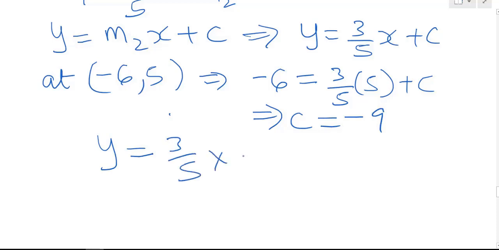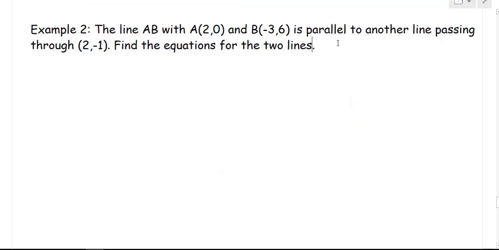In the second example, we have the line AB with A (2, 0) and B (-3, 6) parallel to another line passing through the point (2, -1). Find the equations for the two lines. We start with the first line AB, and we have our equation of the form y = m1x + c.